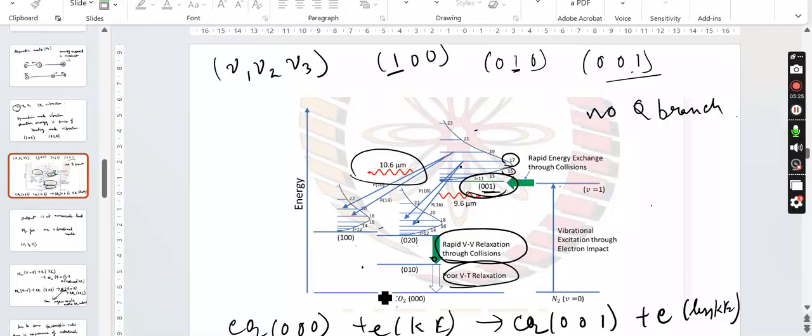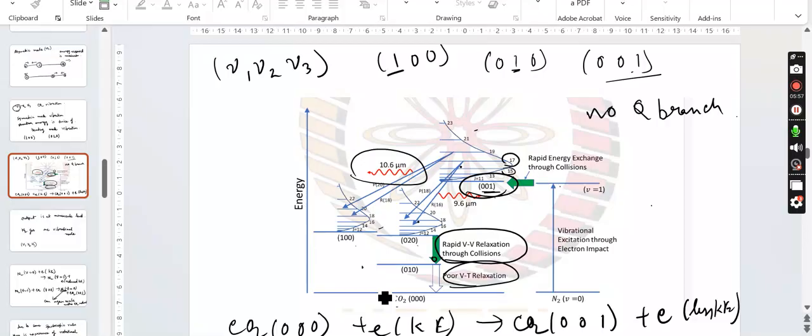The lower lasing levels are 100 and 020, and they don't have odd J or odd rotational numbers. So delta J equal to 0 transition cannot happen here. Most molecules reside in J equal to 15 and 17 levels, and they come to the 16 and 18 levels, so the transition happens that way.